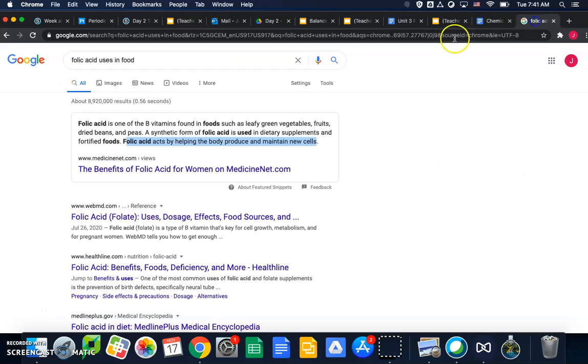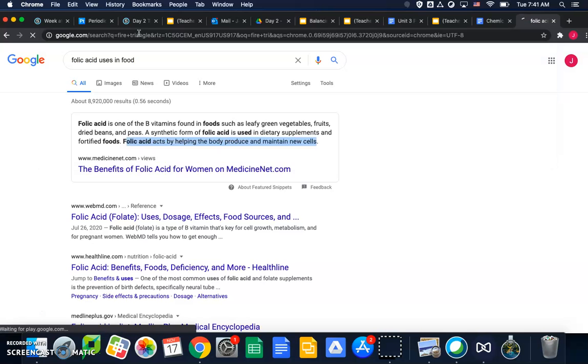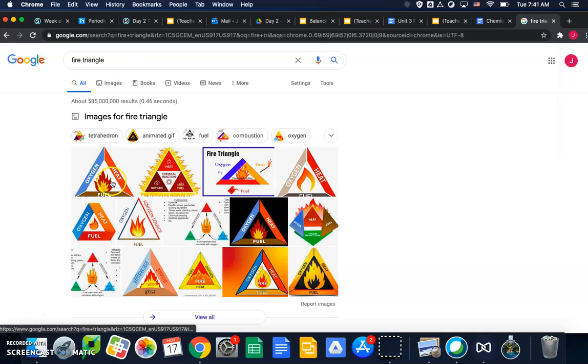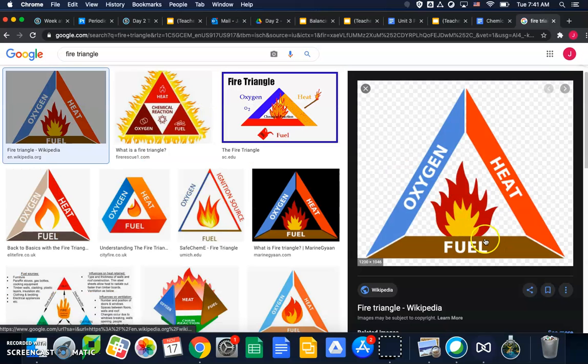So just real quick, some of you might be familiar with the fire triangle. To create a fire, you always need 3 things: oxygen, fuel, heat.